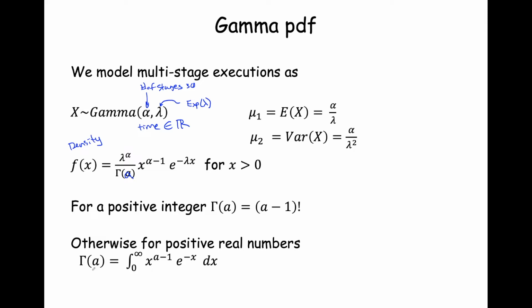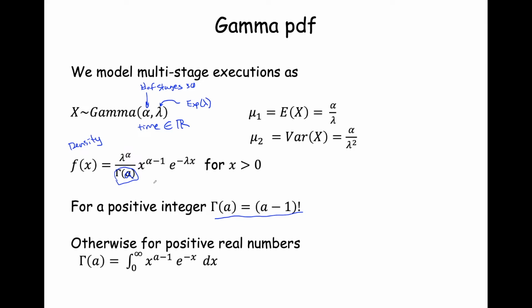Otherwise, if you input a real value, it's the following integral between 0 and infinity, x to the a minus 1 e to the minus x dx. But because this gamma deals with stages that are positive integers, we're only concerned about this version of the gamma function. And of course, it's called the gamma distribution because it gets its name from the fact that it has this gamma function.